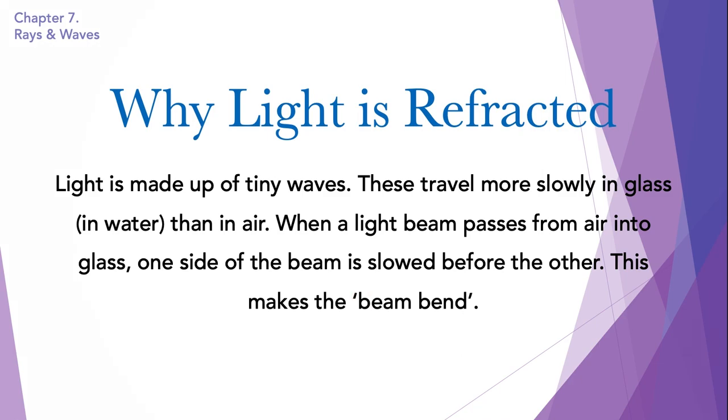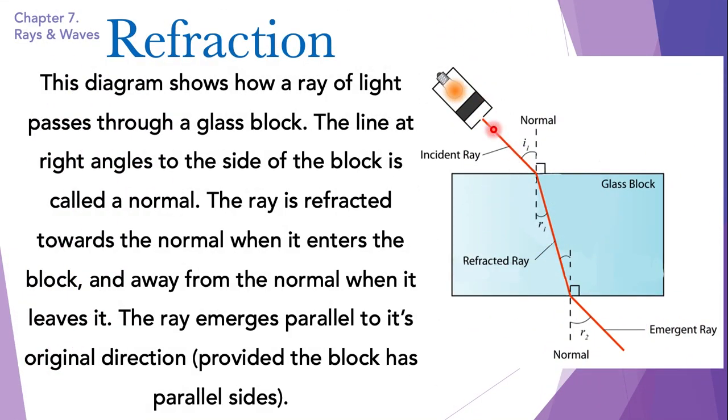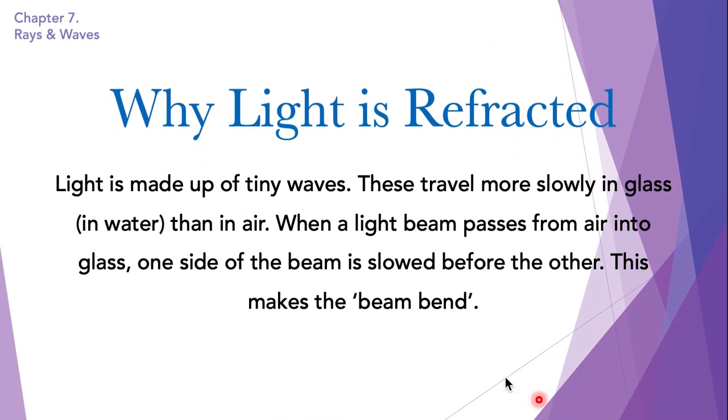Remember, if the angle of incidence of the ray is right angles to the glass block's surface, then there will be no bending, because one side of the beam is not slowed down before the other. There won't be any side which comes first or later. They will come at the same time together, and so that will cause no bending.